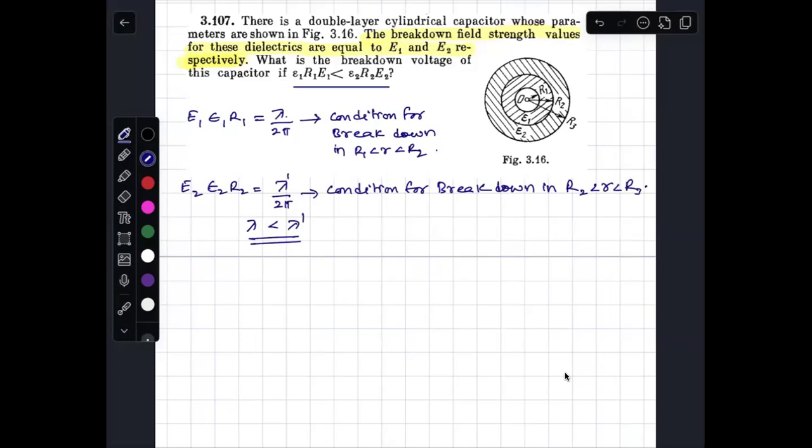But still R2 less than R less than R3 region is safe. So first breakdown happens in which region? R1 less than R less than R2. So you said lambda is less than lambda dash. You will increase from 0 to higher values.